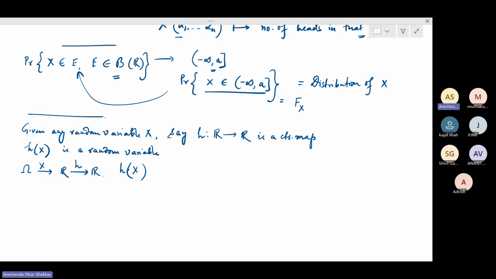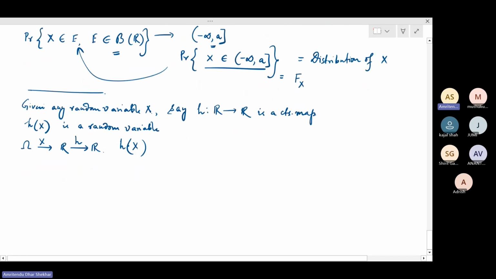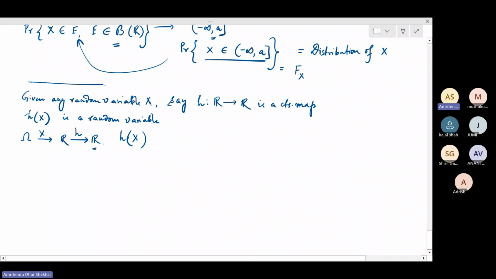And the proof is basically this. If you give me any open interval of R, an open set of R would be some kind of a disjoint union of open intervals.